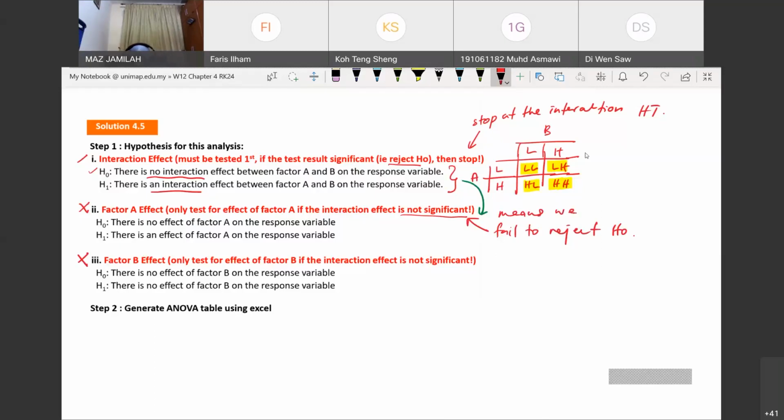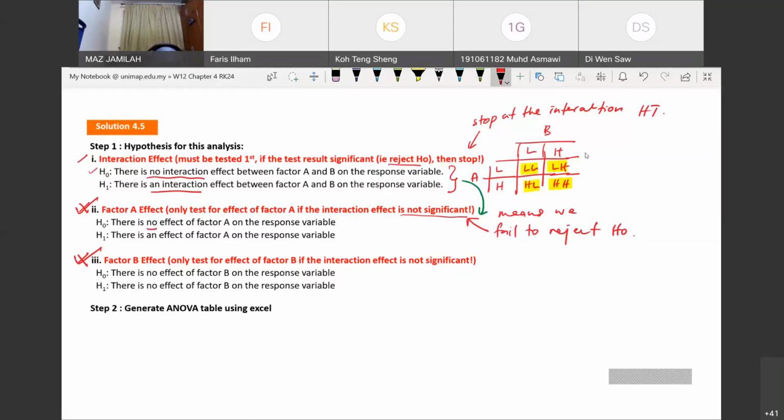If we fail to reject the null hypothesis, meaning there is no interaction, then only we proceed with factor A and factor B hypothesis testing. For factor A, the null will be there is no effect of factor A on the response variable, and the alternative will be there is an effect of factor A on the response variable.